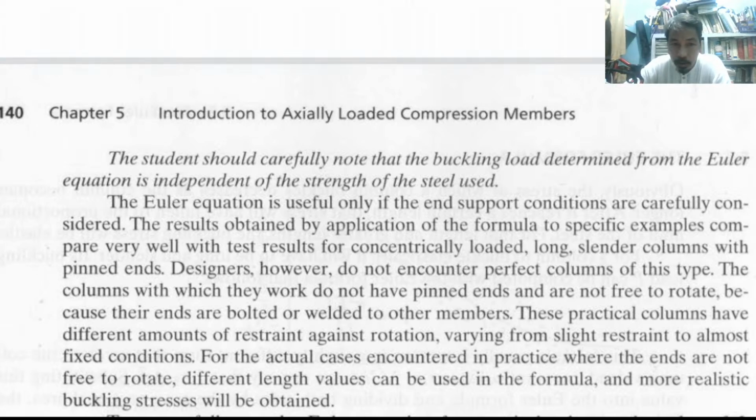The results obtained by applying the formula to specific examples compare very well with test results for concentrically loaded long slender columns with pin ends, pin connection, because K is equal to 1. It is supposed to be KL over R when we consider the type of end connection.